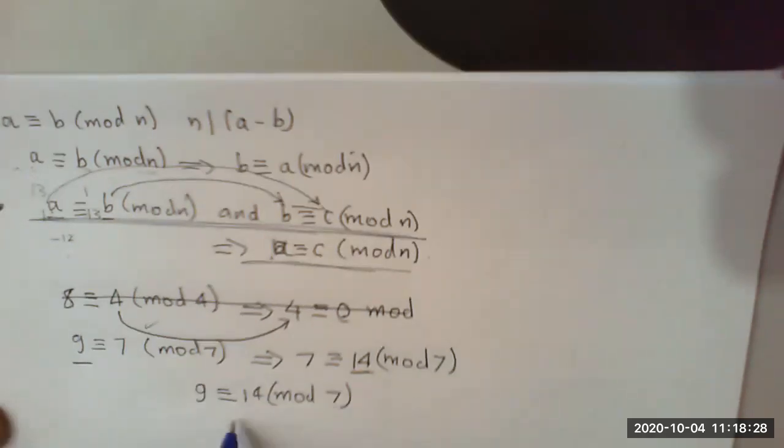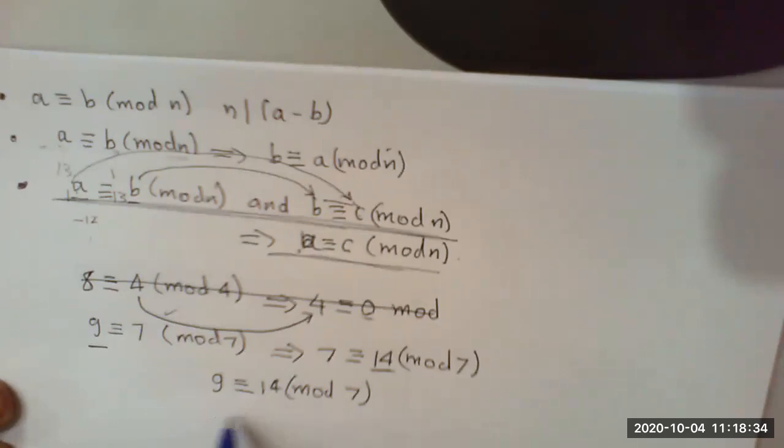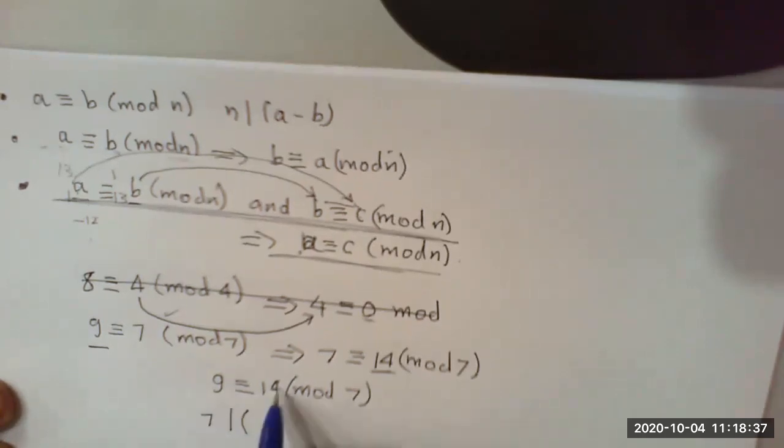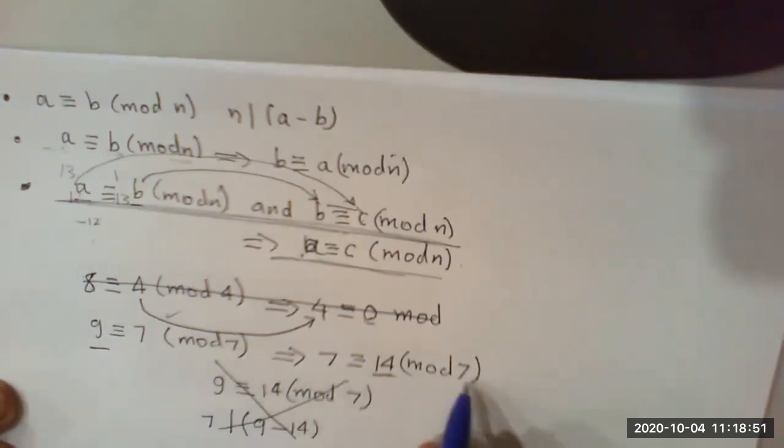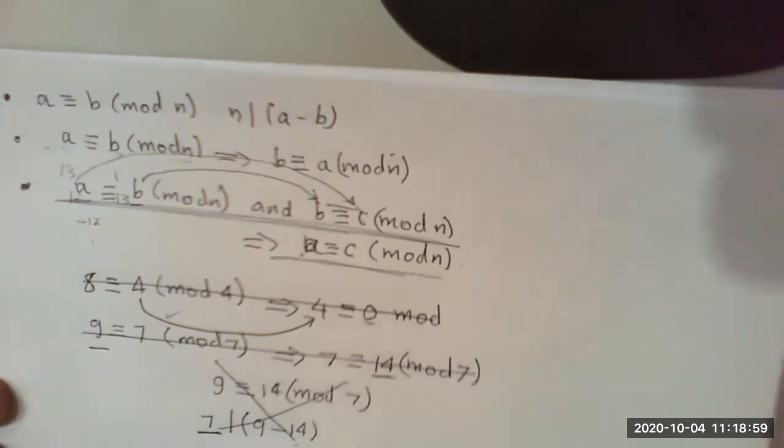Let me check this with you. Because 7 divides the difference between 9 and 14. The difference between 9 and 14, yeah, this is not true, because the difference here is not divisible by 7. So this is not a good example. I don't have an example in my mind. I will give you an example next lecture. I don't want to waste more time.